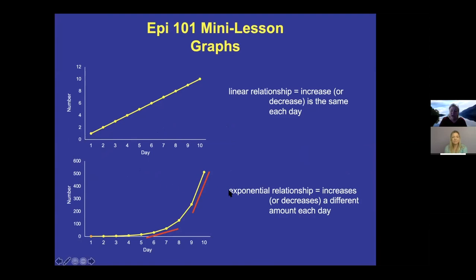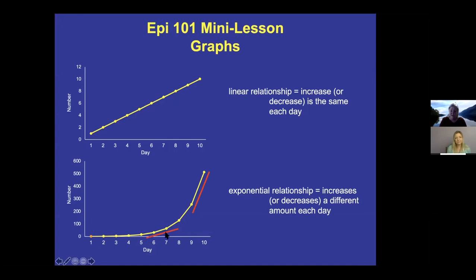And then you have what's called an exponential relationship. And this is where the increases or decreases, if it was going the other way, are different each day by a set amount, a set function, or what we call a function. So here, if you look at between day 6 and 7, I just put this red line to show what the slope of that line is.